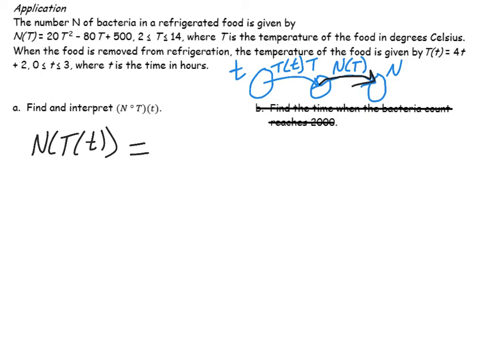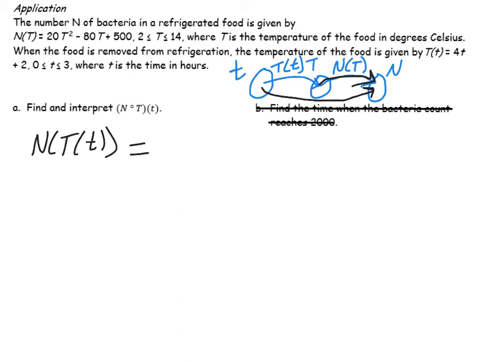Here's what will happen. When you compose them, we get a new function. That function will go from here to here. It's kind of like temperature is the middleman. We want to write a new function that says, give me the time. I'm not worried about the temperature.